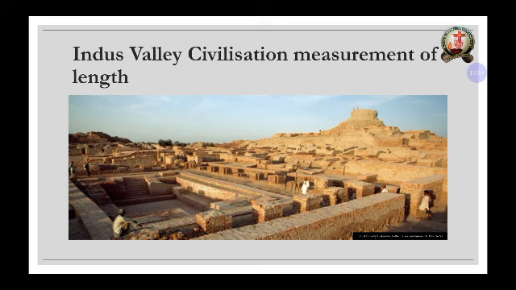People will not like it, people will make fun of you, right? They will say, see, this guy is wearing a very short shirt, or see, this man is wearing a very long coat. So that is the reason why measurement is very, very important.